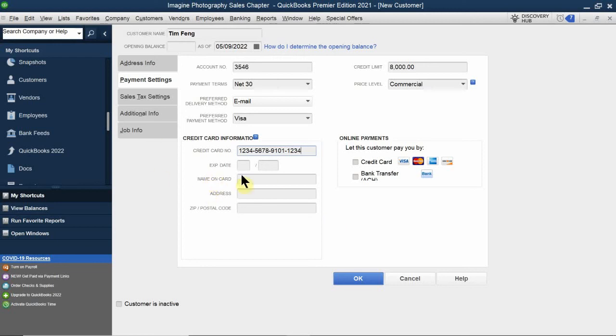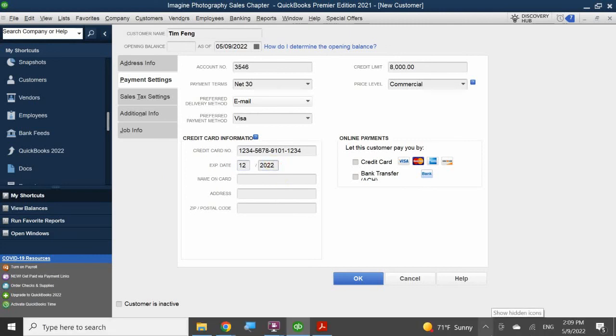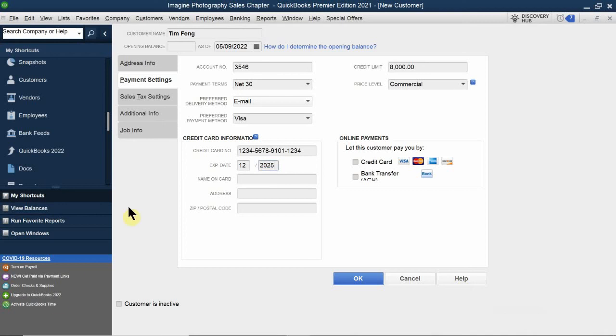Other things that we can say here, what is the expiration date? Expiration date is going to be December 2025. Okay, and then of course all this information, whose name is on the card.